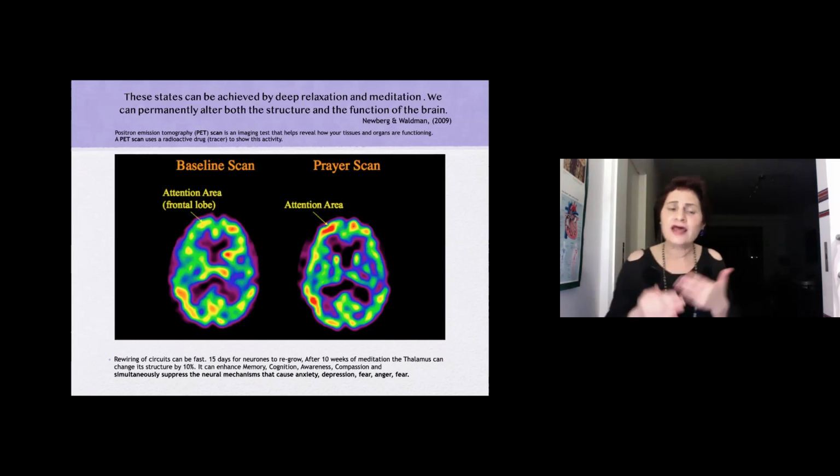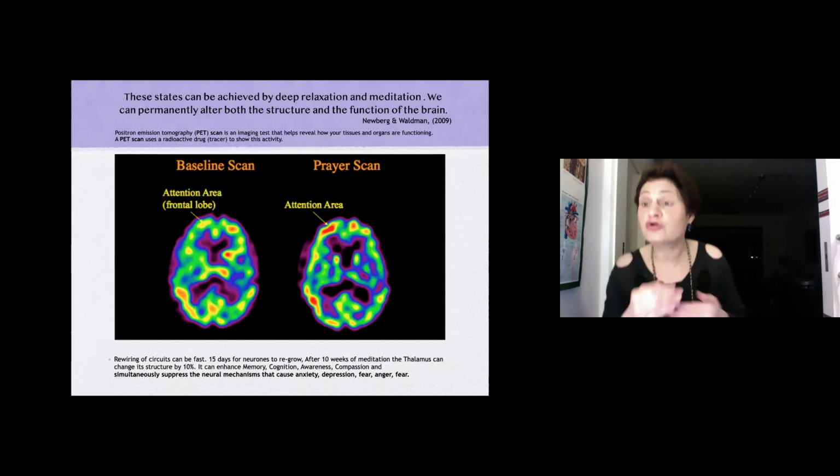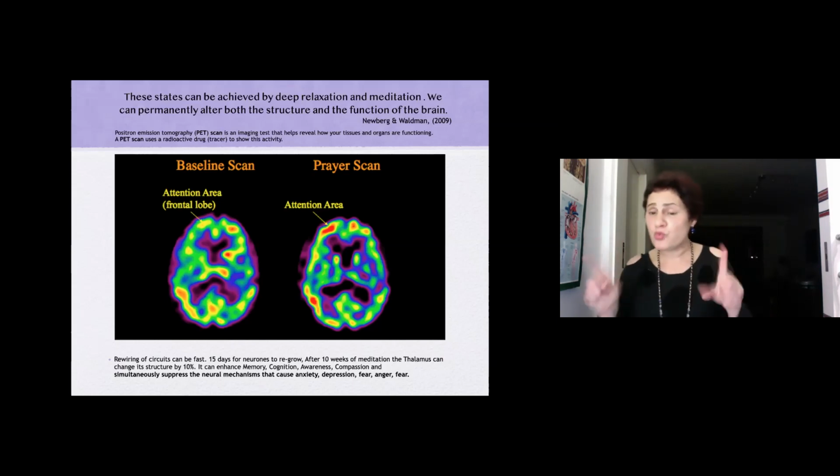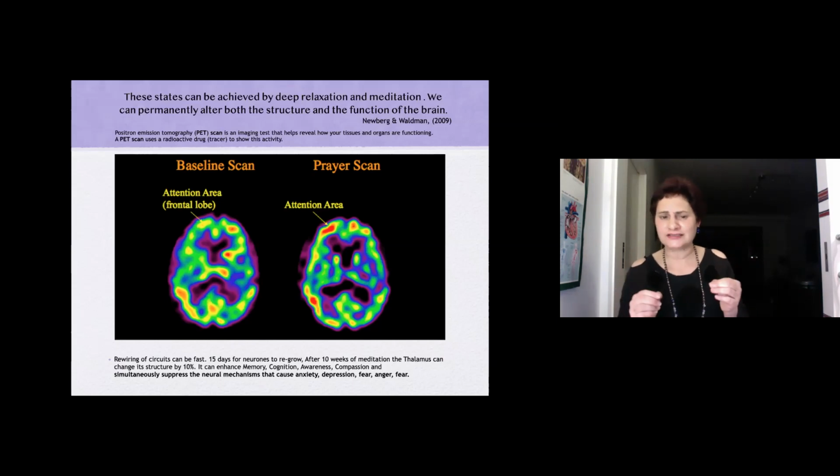So we can rewire the circuits of our brain, and this can be very fast. In fact, they've observed that it only takes 15 days for neurons to regrow. And after 10 weeks of meditation, the thalamus, which is the midbrain, the central part of the brain, can change its structure by 10%.